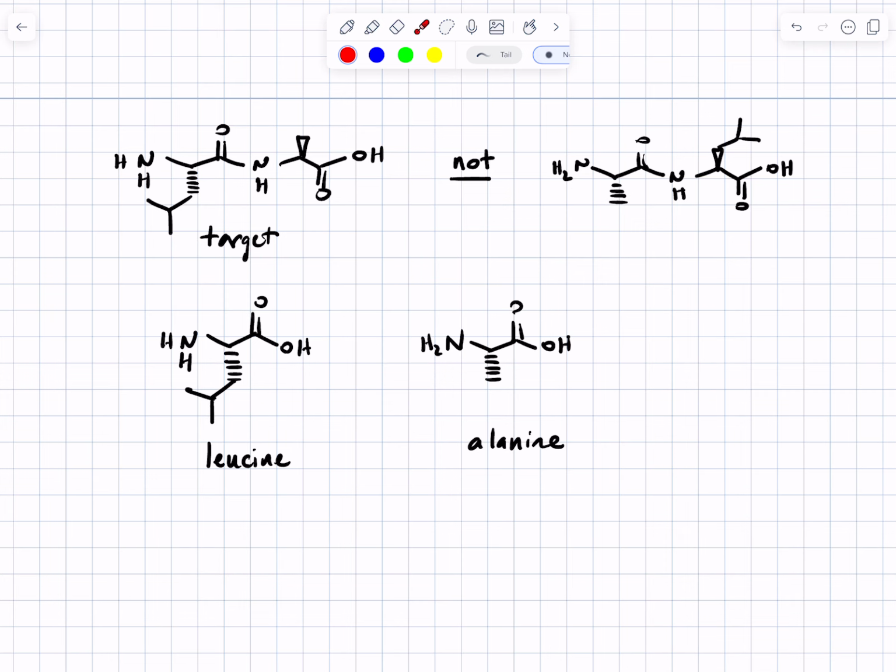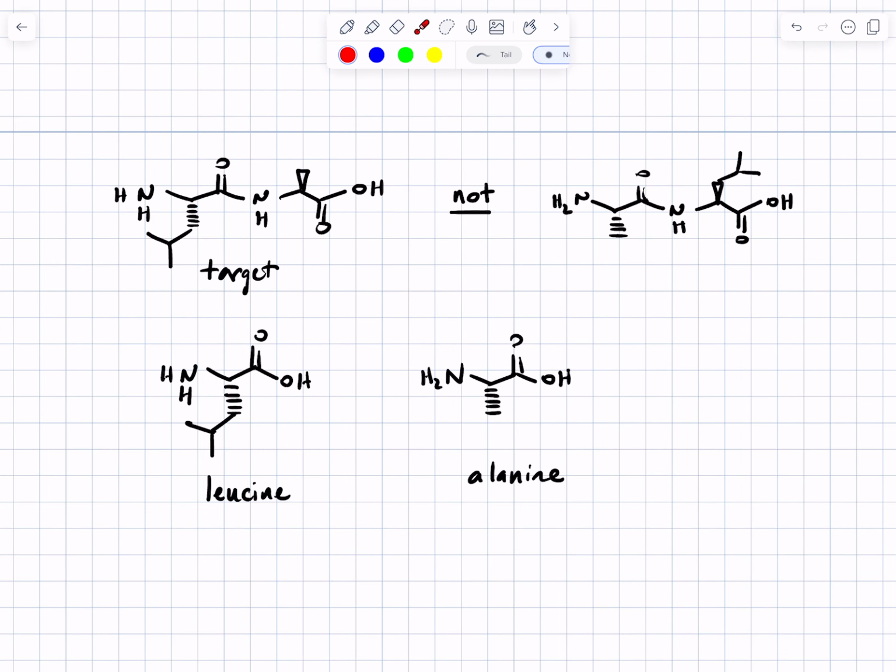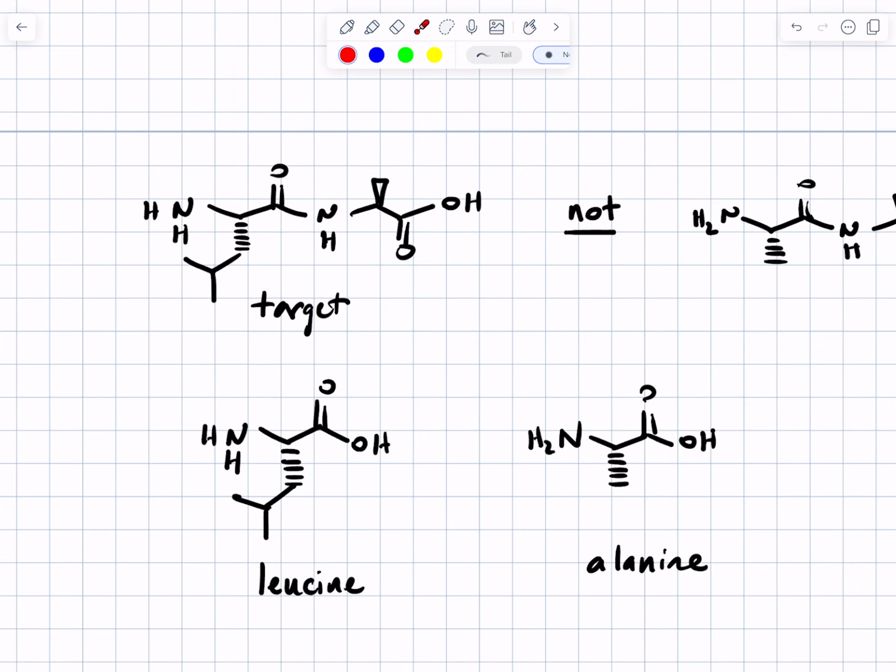And this is actually one of the first things you need to know about peptides: they have directionality, they have different ends, they are linear polymers. This side on the left is called the amino terminus or the amino end.